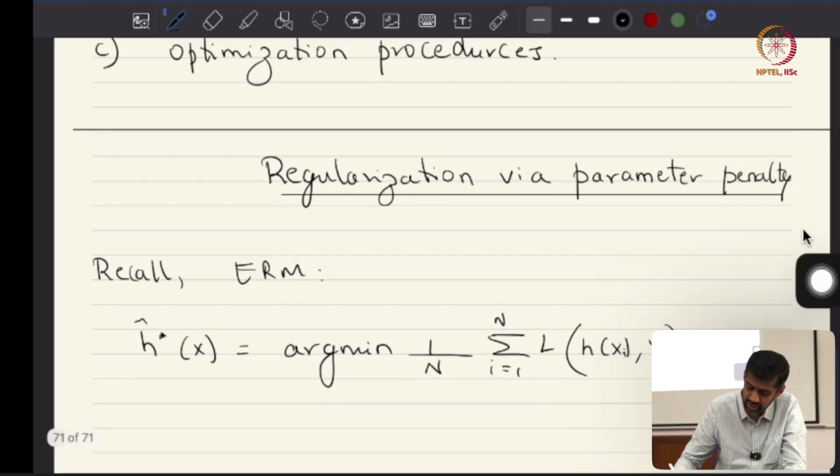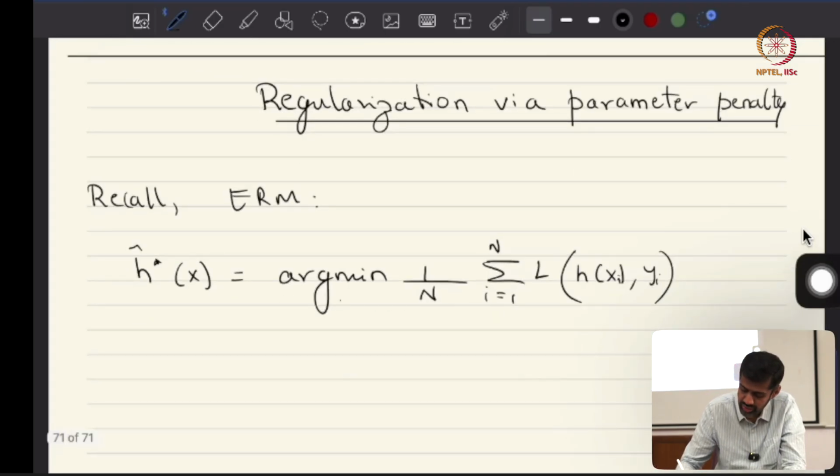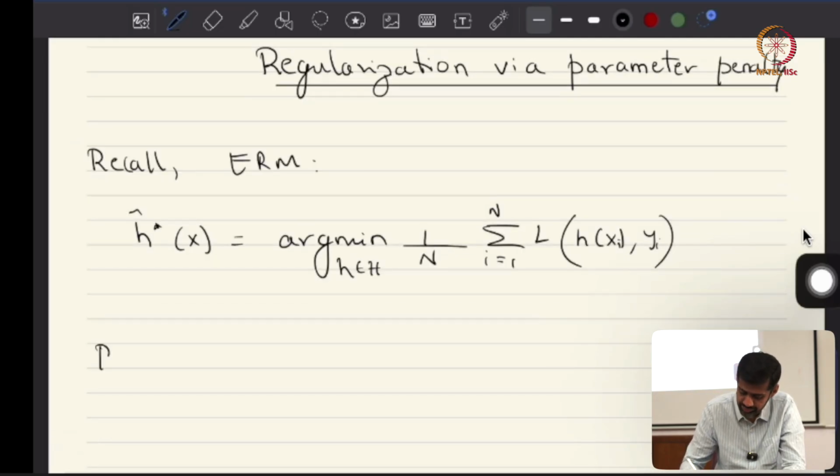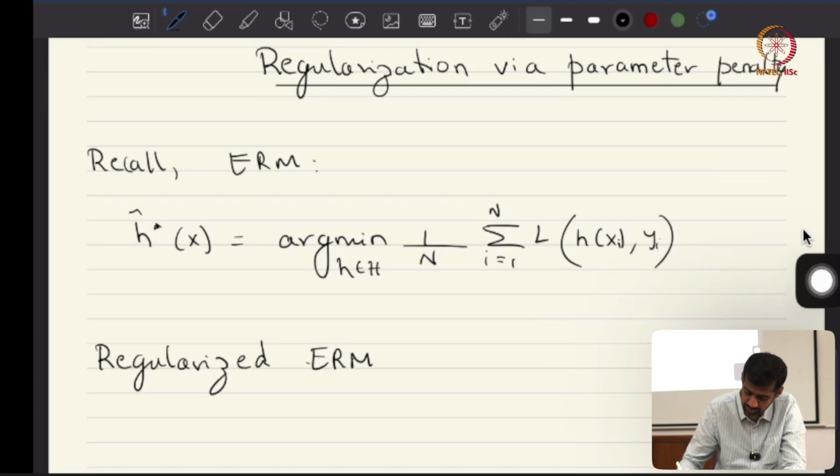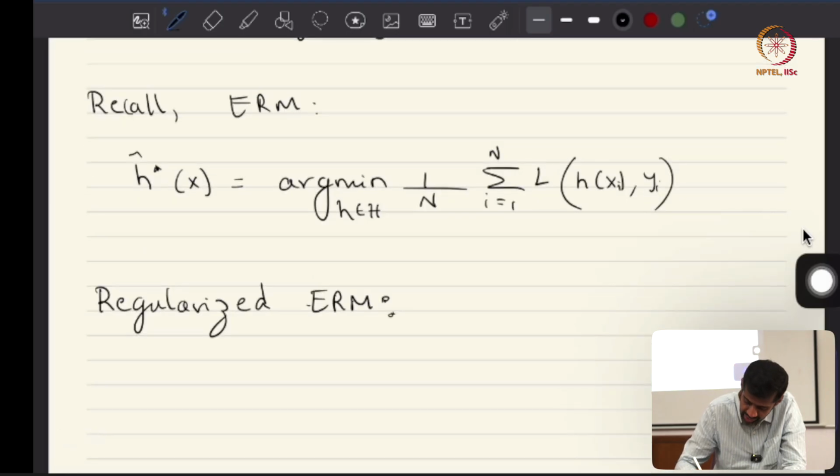Yeah, and we do this over the class of h. This is what our ERM is, right? Now regularized ERM. So let me write this function as h theta of x, because these are parameterized with some parameter theta, right?